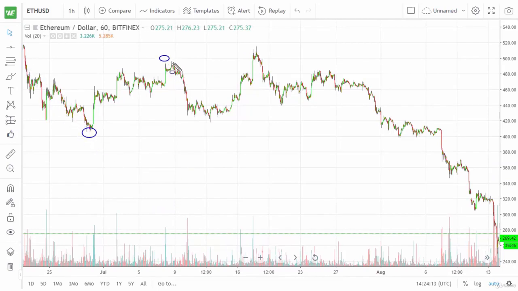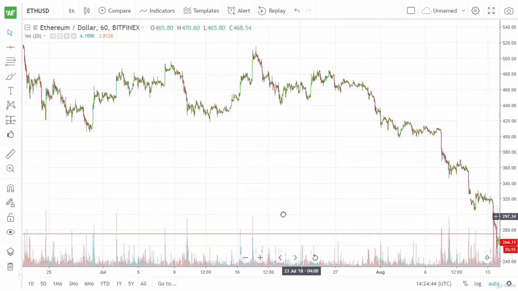We rose here and then we fell back. That's a swing high. Swing low, swing high, swing low, swing high, swing low, and then a breakdown. We didn't even really get a swing high from there. I suppose you could call it that, but that's not enough to be worried about. And you can see that that's just how the market undulates. So that's something that you need to be familiar with.